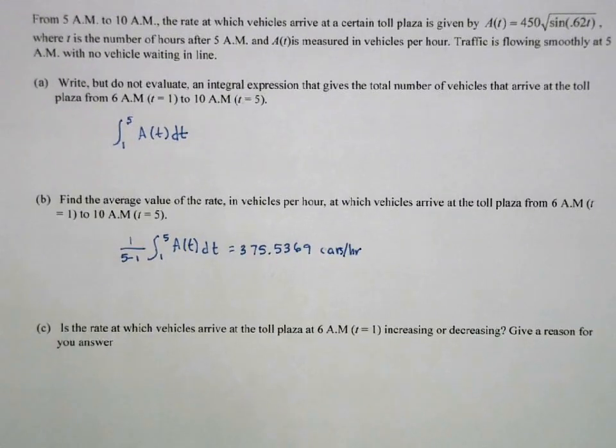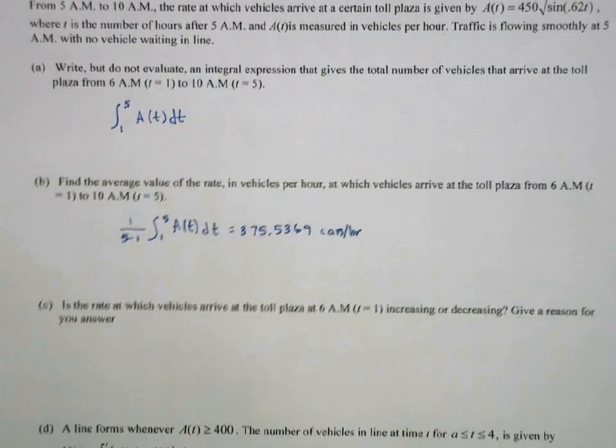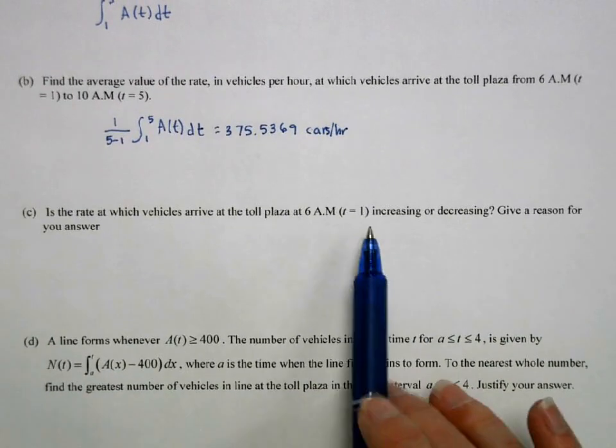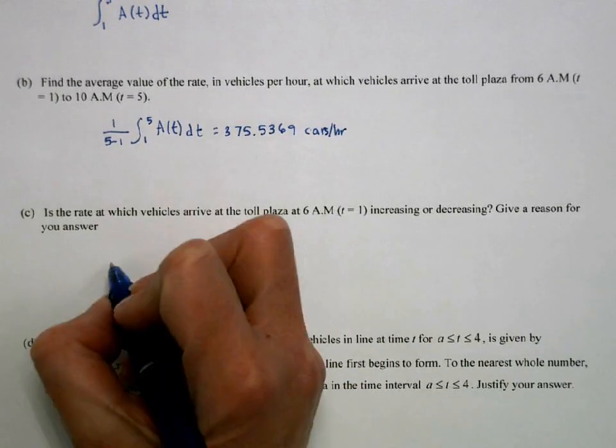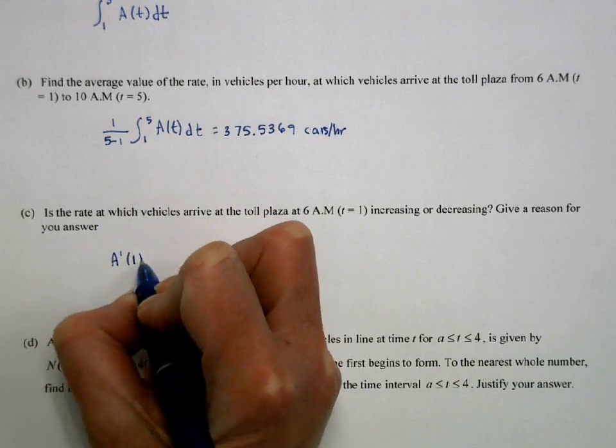All right. Next, is the rate at which the vehicles arrive at the toll plaza increasing or decreasing? So if we're trying to find increasing or decreasing, we want the derivative. So I'm going to find the derivative of our rate function at 1.